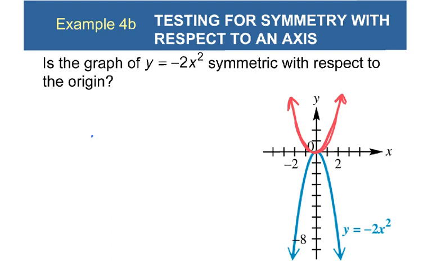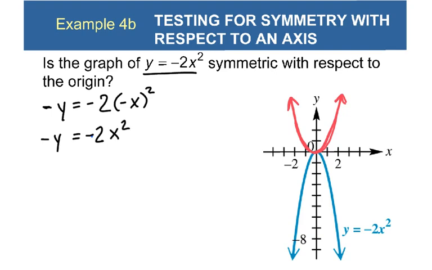Let's solve that algebraically though, by plugging in negative y for our y and negative x for our x value, and seeing if we come out with this, which I can tell you right now we're not, just by doing it graphically. So a negative value squared is going to become positive.